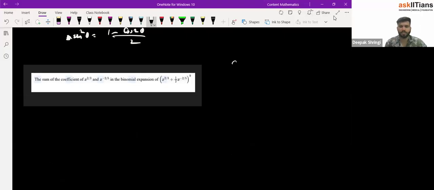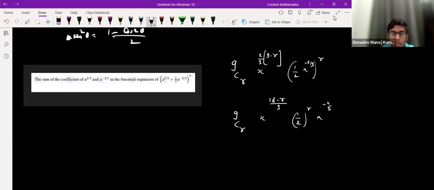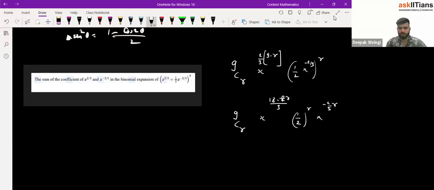So first of all I had a general term, general term is nCr x power n minus r into a power r, and then I'm going to simplify that, so I'm going to get nCr x power 9, so 18 minus r by 3, 1 by 2 power r, and x power minus 2r by 3, right? Yeah, 18 minus 2r by 3.